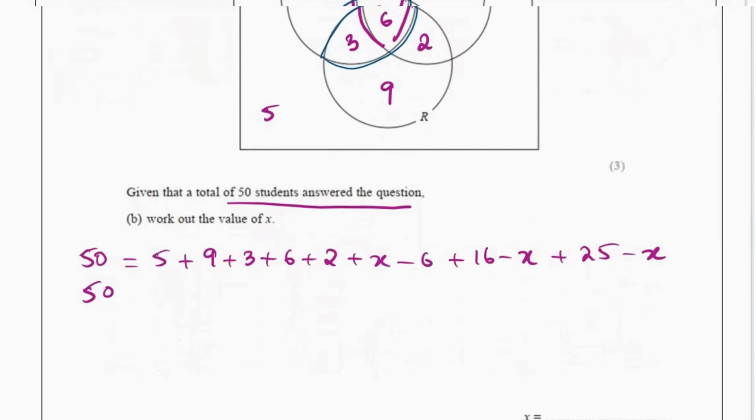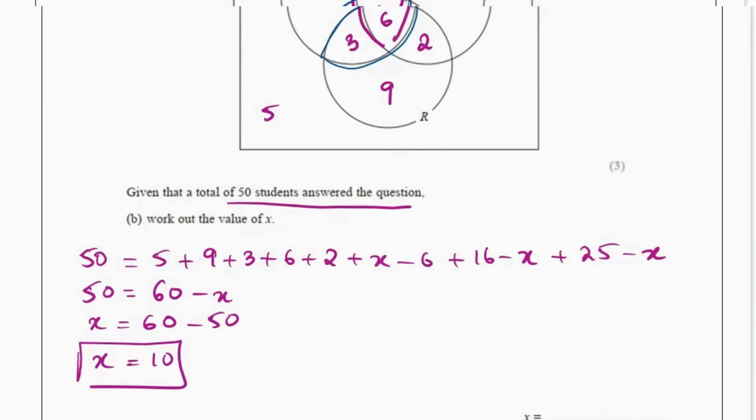So 50 equals, let's add these up, that's 60, and then we have minus X. X is going to be 60 minus 50, and X is 10. This is your final answer.